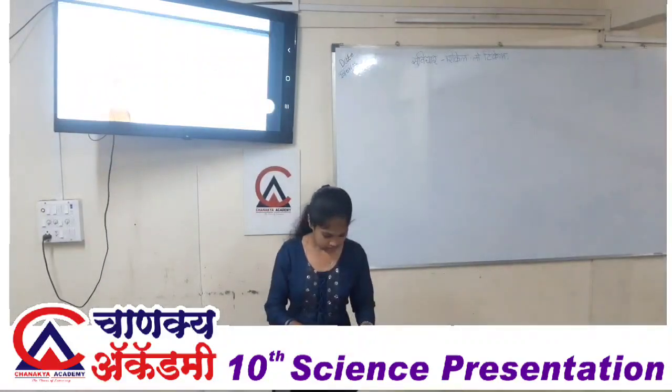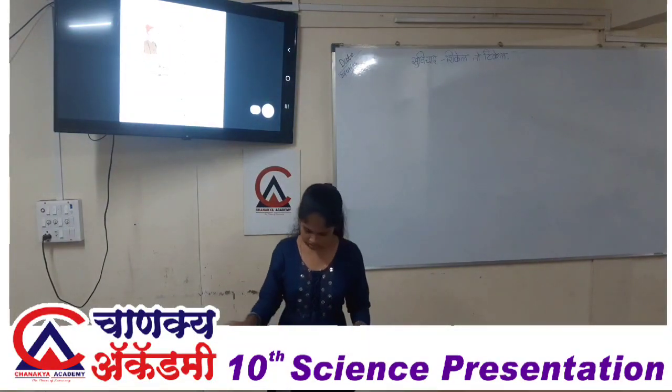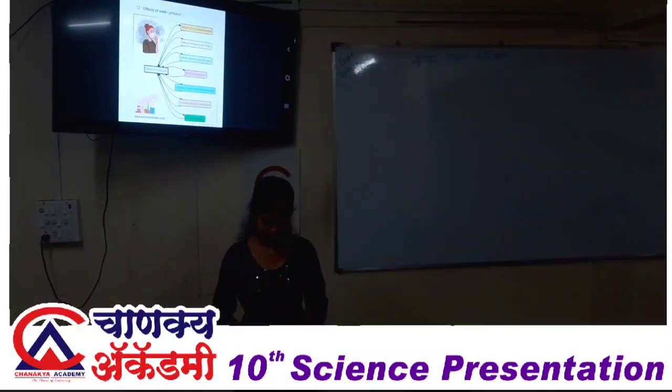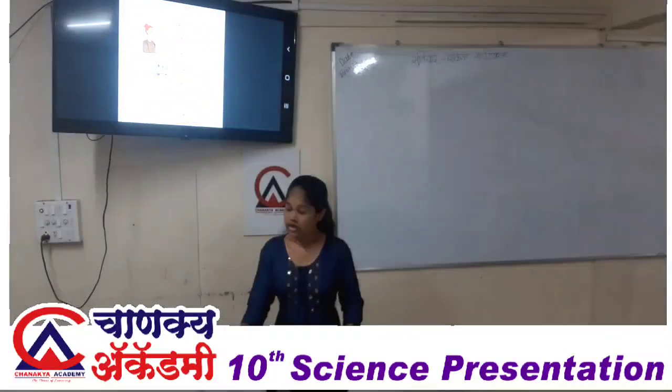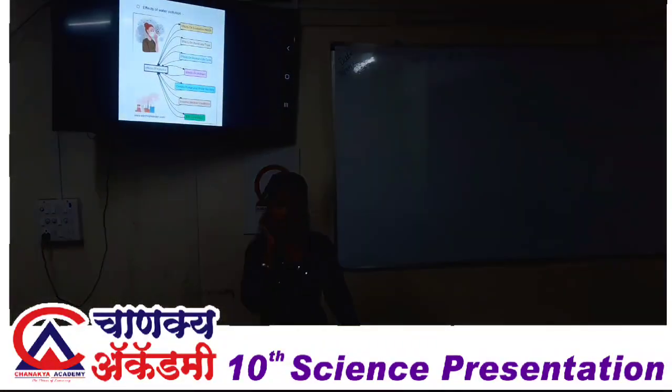Now let's see the effects of water pollution. Water pollution can affect ecosystem health, plants and trees, animals' life cycle, weather and climate, and many more. The most immediate effect of water pollution is on the organisms that live in the water.